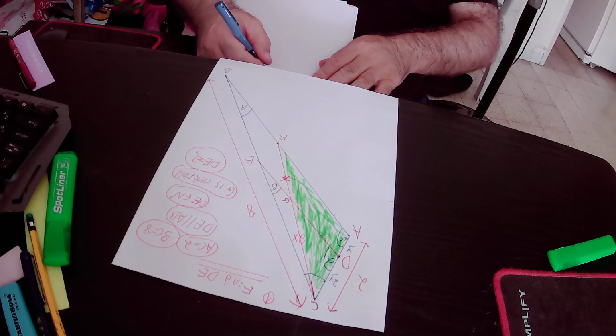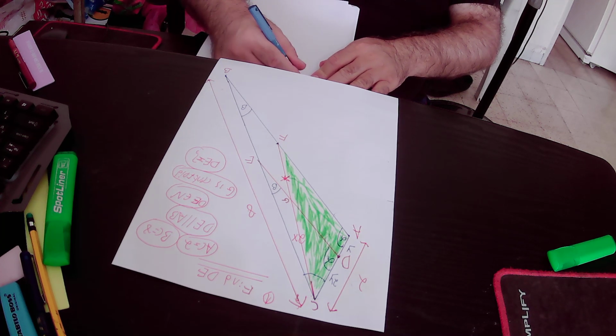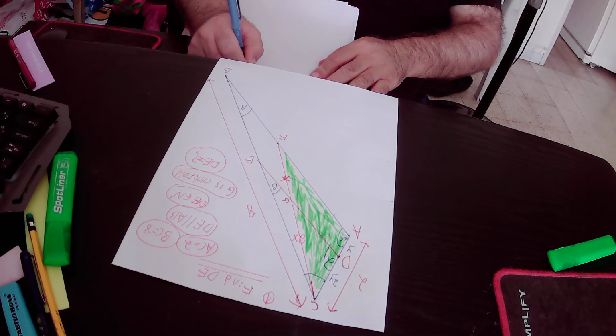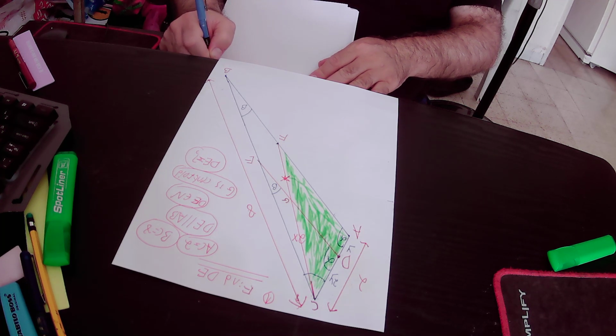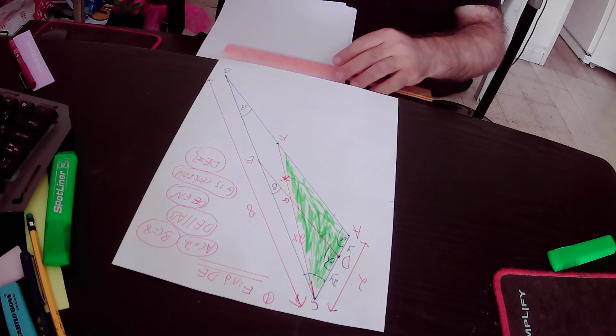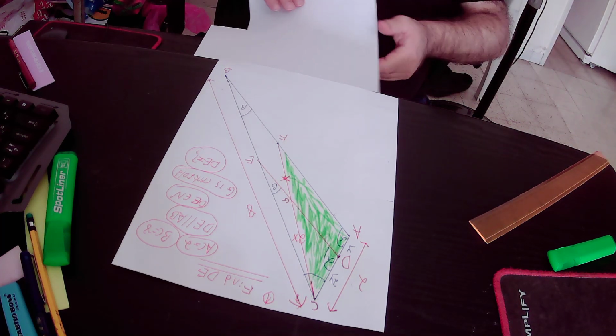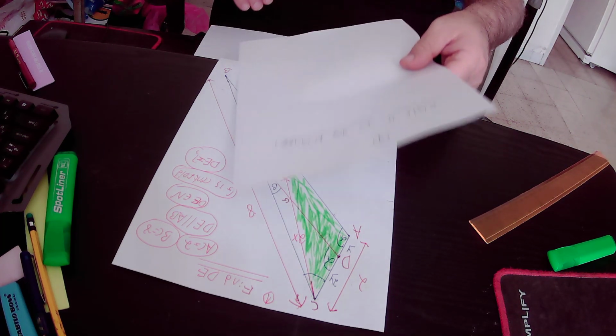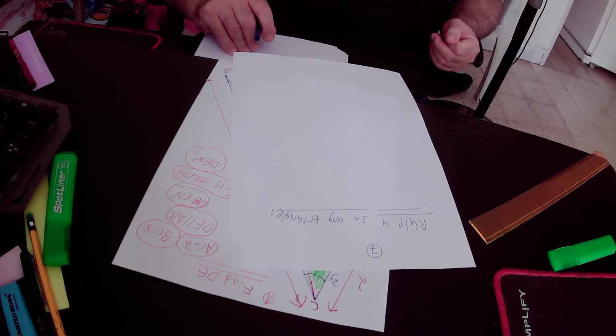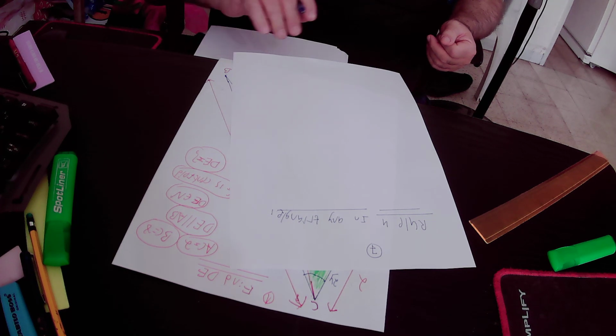In any triangle, the sum of two sides is always greater than the length of the third side.